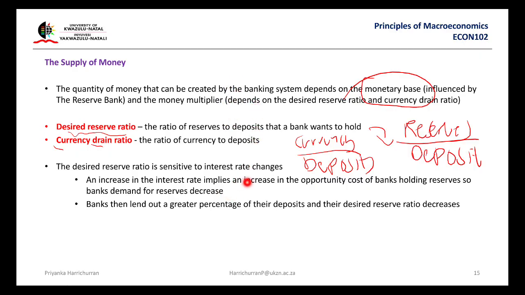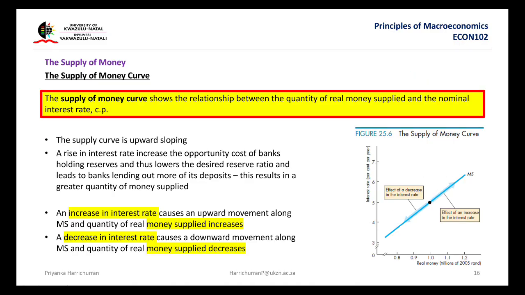So the reserves will decrease. Banks lend out a greater percentage of their deposits and their desired reserve ratio decreases, 100%, right?